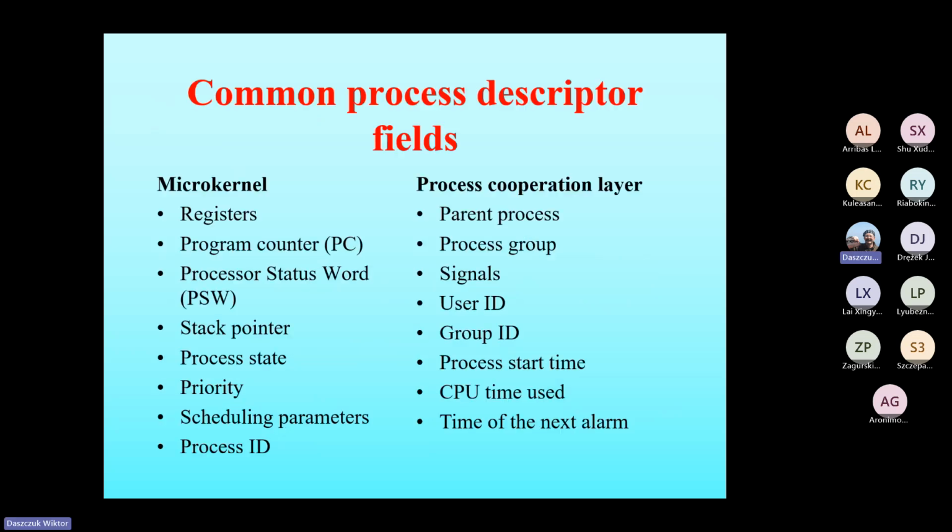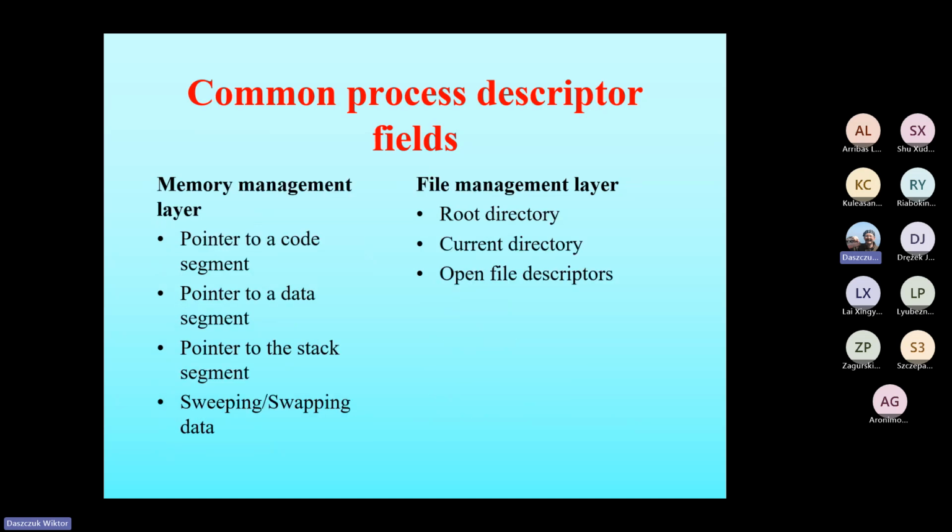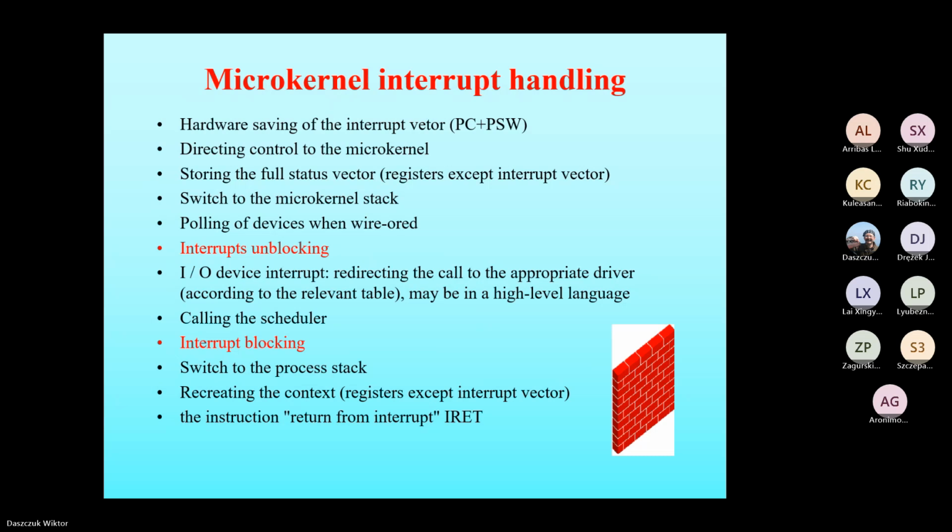So you can see here the elements of a record describing a process on various levels of abstraction. This is in microkernel. This is in the highest level of process cooperation, in memory management layer, in file management layer.